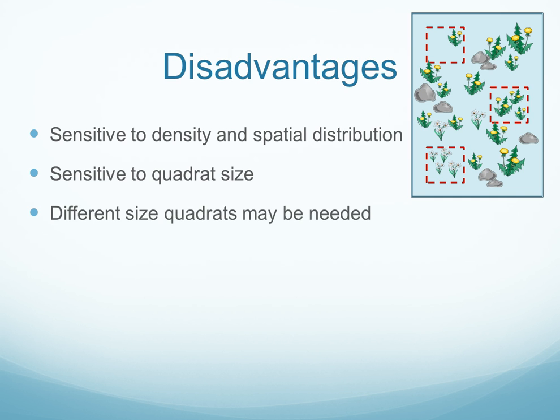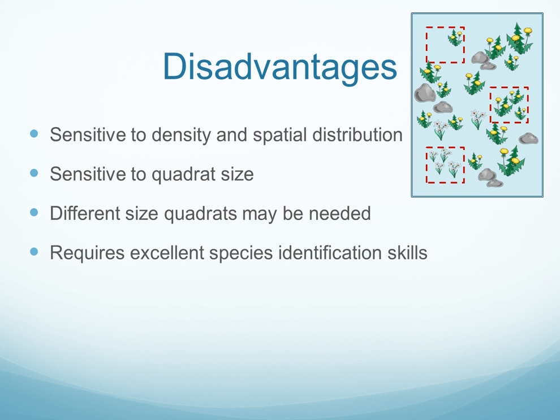And because of that, if we're focusing on more than one species, we may need to use multiple sizes of quadrats in order to collect frequency data. We usually identify plants to the species level, and so frequency requires excellent species identification skills. And frequency estimates can be sensitive to seedling numbers.